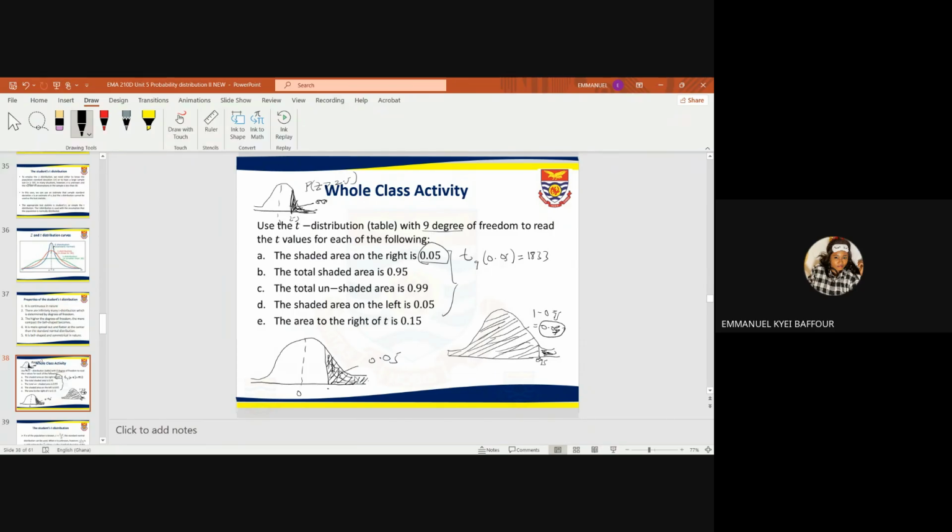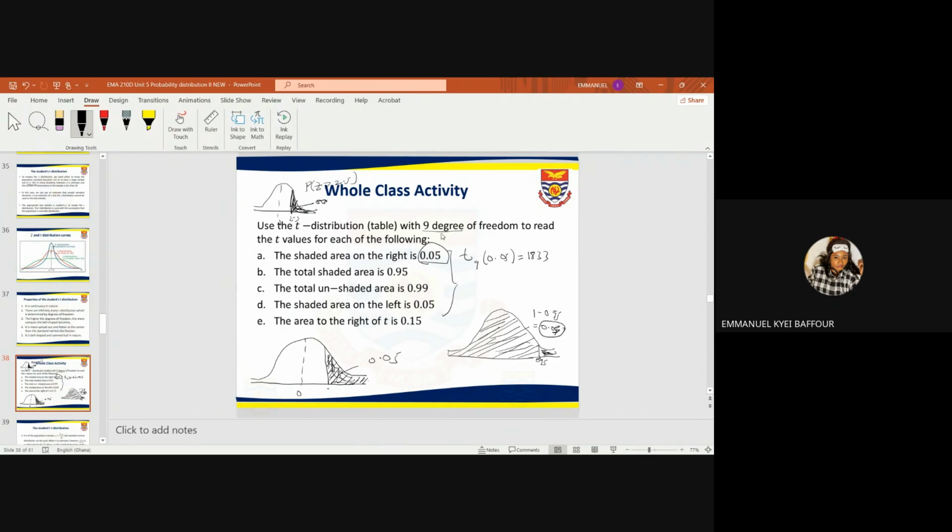Are you getting it? This one, we've not done calculations pertaining to how to convert from raw values to the t distribution and then look out for its corresponding probability. This one is just trying to elaborate on how to read from a table.